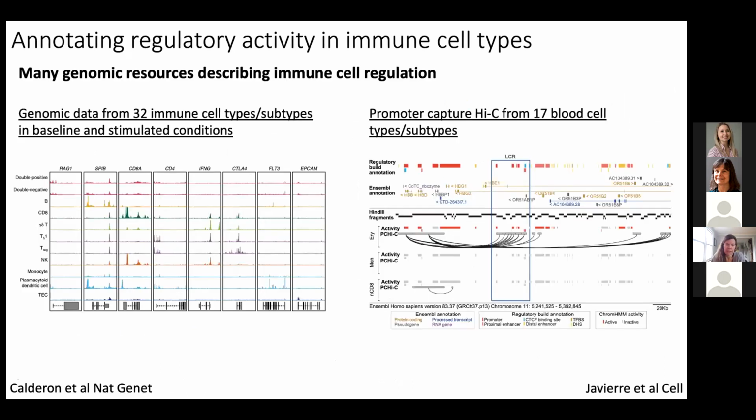But this is a bit different from some of the other diseases that we all study, and some of the tissues that we profile, in that there are a lot of resources available in the community, both studies people have done, but also consortia type efforts to map regulatory information in immune cells.